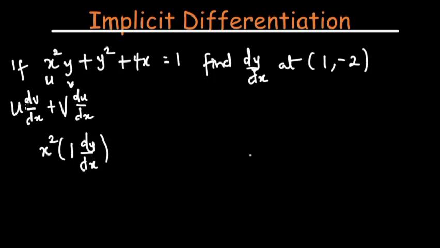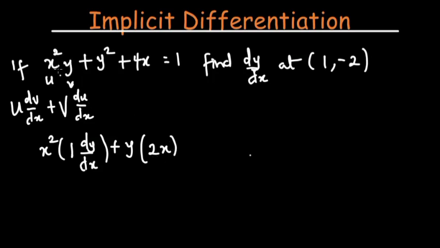And so I have this u dv dx plus v, which is y, multiplied by du dx. du dx is differentiating u, which is x squared. So this is 2x. So to recap, drop the first function, x squared, differentiate the second function, 1 dy dx, because it is implicit, plus drop the second function, y, differentiate the first one, x squared, to give us 2x.